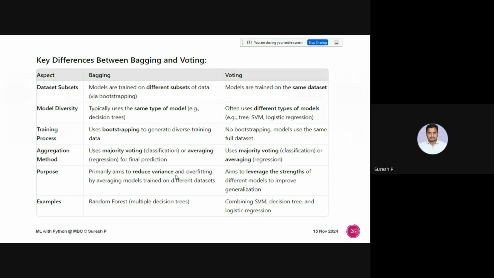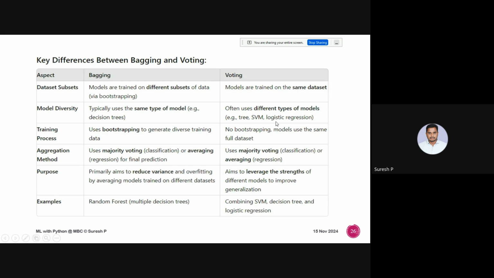So in bagging, as I said already, models will be trained on different subsets. Here the models will be trained on the same data set. For model diversity, bagging typically uses the same type of model. Example, decision tree means for all the subsets, the decision tree will be applied. Here it will use different models for the same data set.